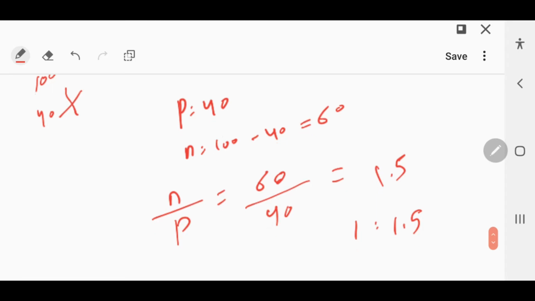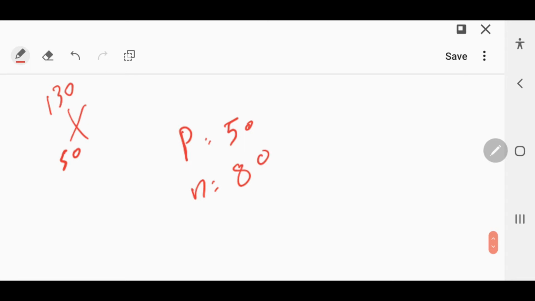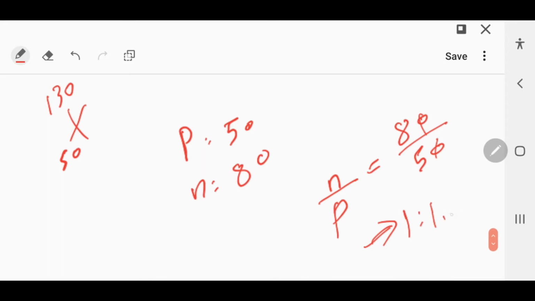Another example, if we have an element with protons 50 and neutrons 80. So the ratio is neutron over proton, which is 80 over 50. Here the ratio is 1 to 1.6 almost.